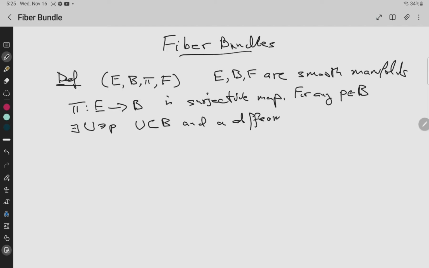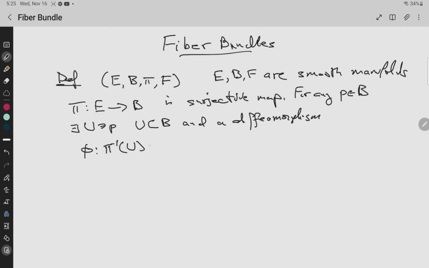And we are also going to need a diffeomorphism or homeomorphism, depending on the structure of the total space and the fibers.